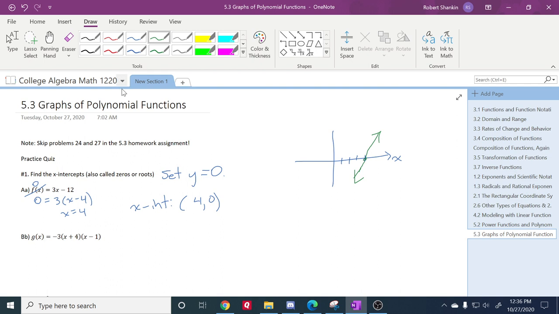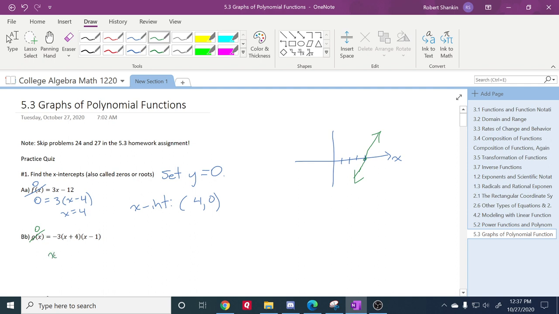And the next one, when it's already factored for us, we can tell what the x-coordinates are. When you set the output to be 0, if the product of three numbers is 0, one of them has to be 0. The -3 is stuck at -3. It's not a solution. In fact, we could divide both sides by -3 and that part just goes away.